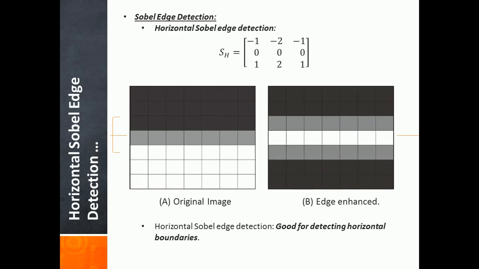In a horizontal Sobel edge, this is the original image, this is your boundary. So as you can see here, the boundary is magnified, that's why the gray level is white in color, whereas for the elements which are present on opposite sides, the differences are eliminated, it's smoothed out in some sense.